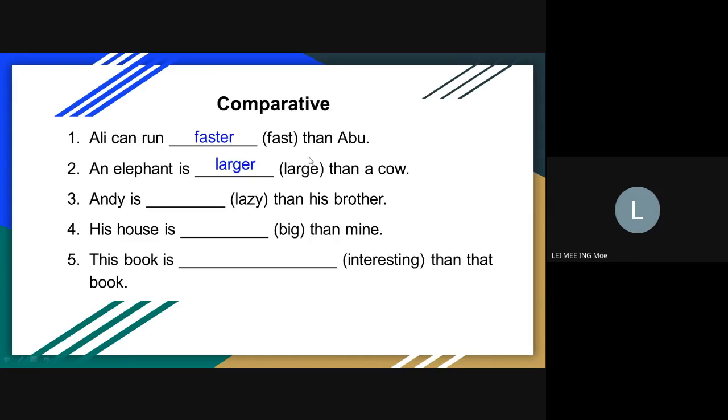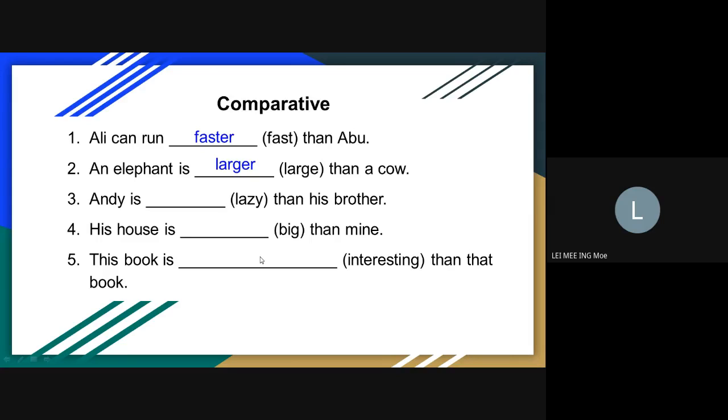And remember, the last letter here is an E, so you just plus R, larger. Okay, did you get the correct answer? Well done. Number 3, Andy is than his brother. The given adjective here is lazy. Can you please type down your answer for question number 3?